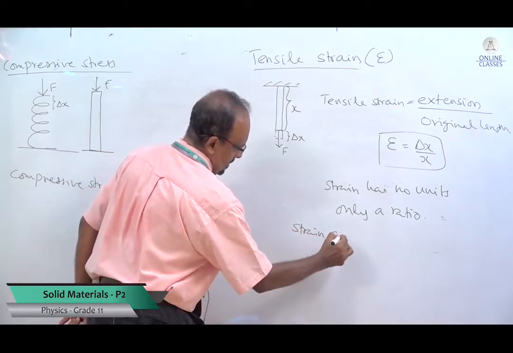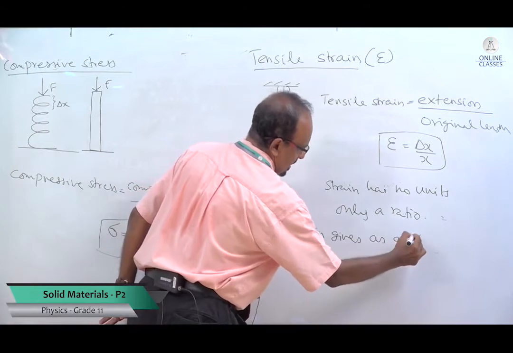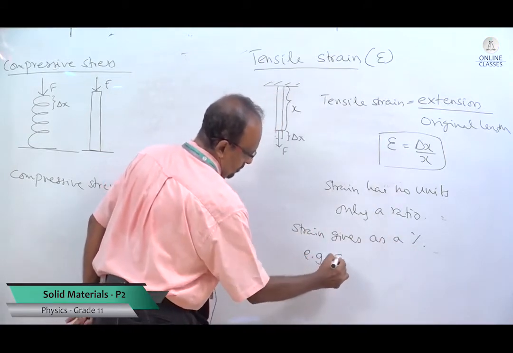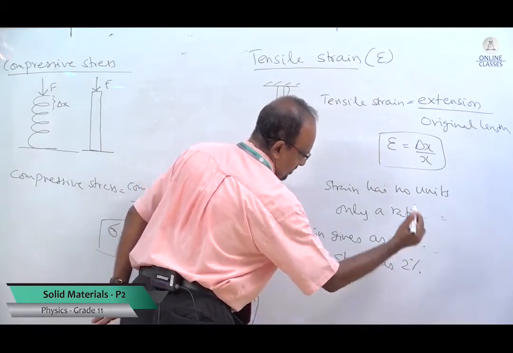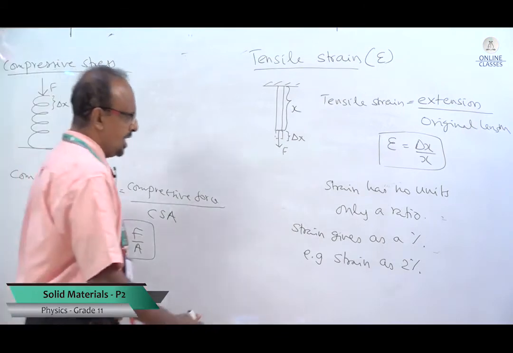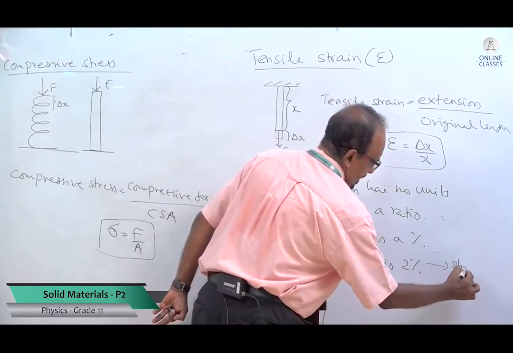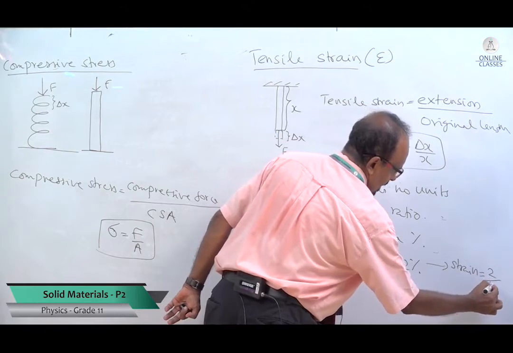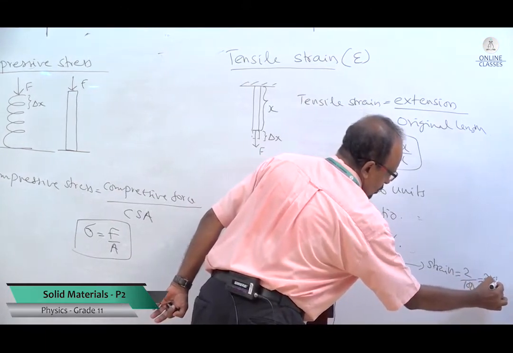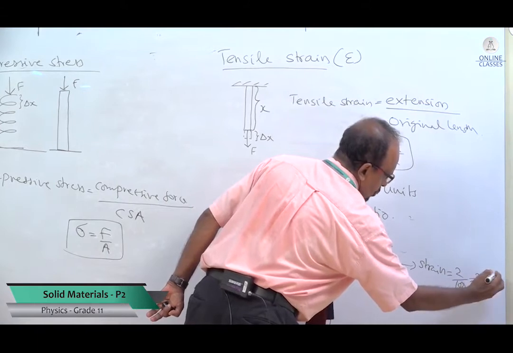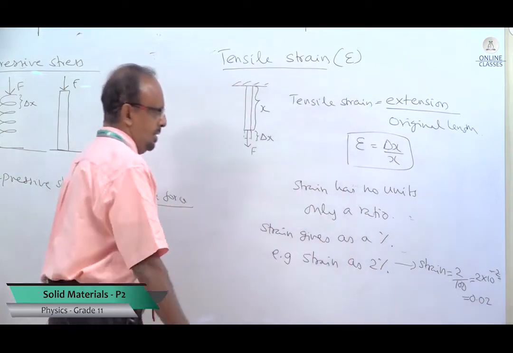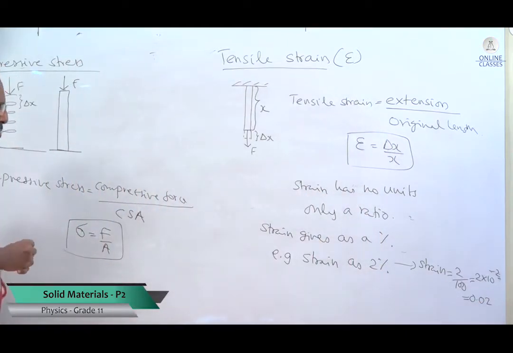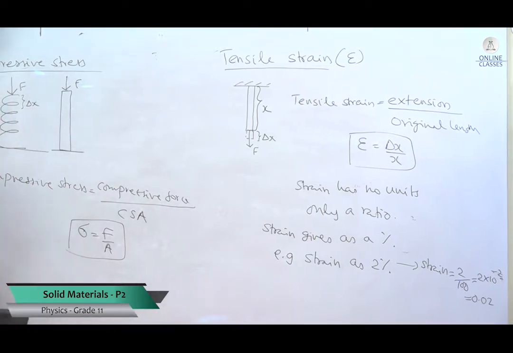For example, if strain is given as 2%, that means strain is 2 divided by 100, or 2 into 10 to the power minus 2, or in another way 0.02. As a percentage or decimal number you can give it, but no units. That is tensile strain.